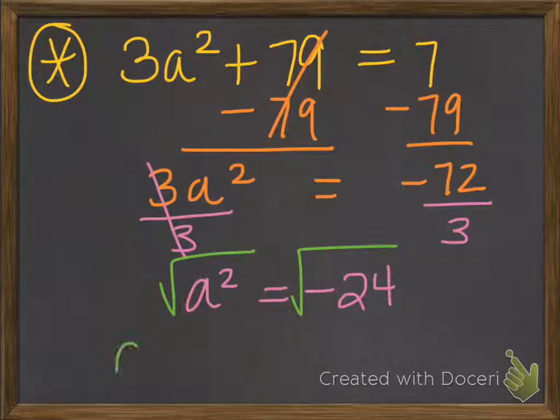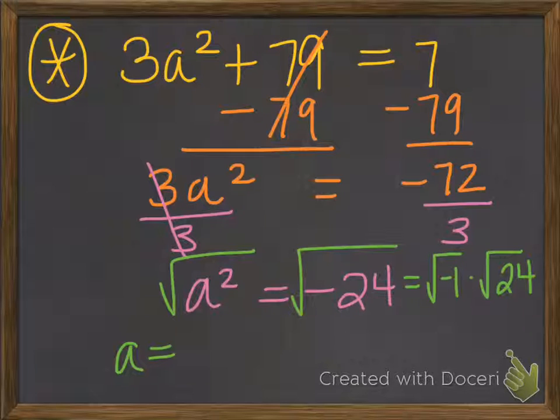So now I can take the square root of both sides since my squared term is isolated here, and I'm going to get a equals, remember this is the square root of negative 1 times the square root of 24. Or I could write the square root of 24 as the square root of 6 times the square root of 4.